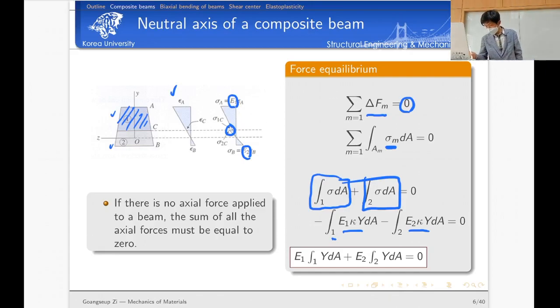That's why we can cancel, isn't it? At any point in x coordinate, the curvature is the same because we calculate the curvature with respect to neutral axis. That's why this curvature is the same as this curvature. Cancel. So the position of neutral axis can be calculated by using this equation.